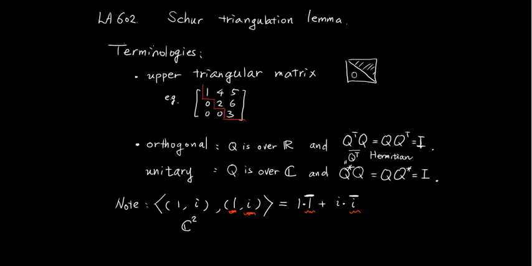So when you take the length, you are basically taking the length of 1 and the length of i, so it is 1 squared and 1 squared, so it's supposed to be equal to 2. And that's why, when we are handling complex numbers, whenever it is related to the inner product, we will take the conjugate.